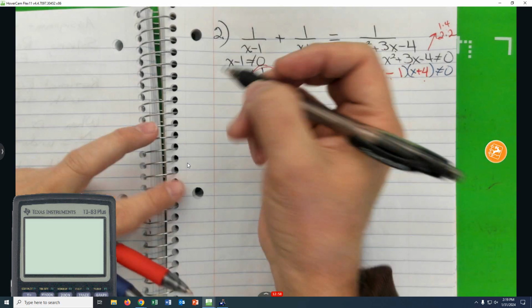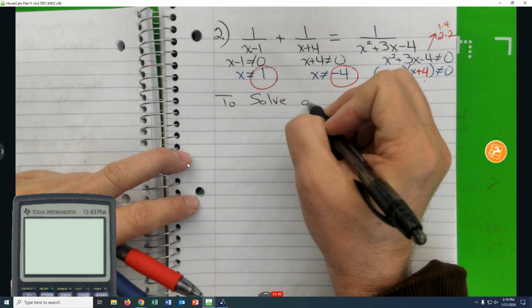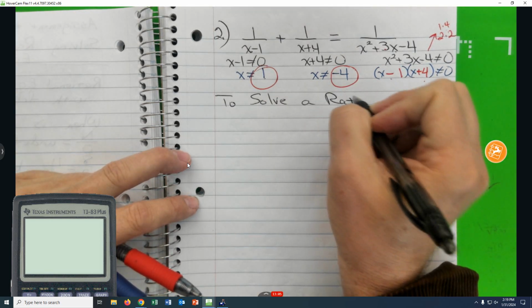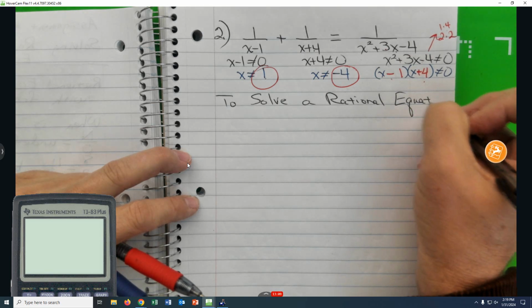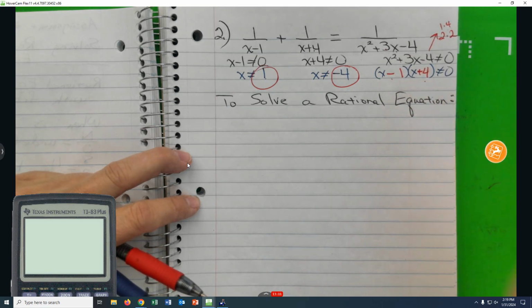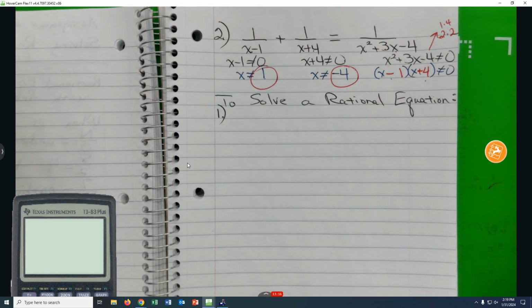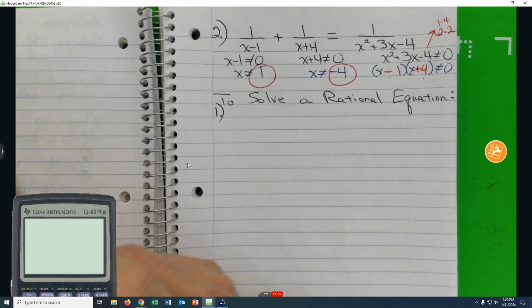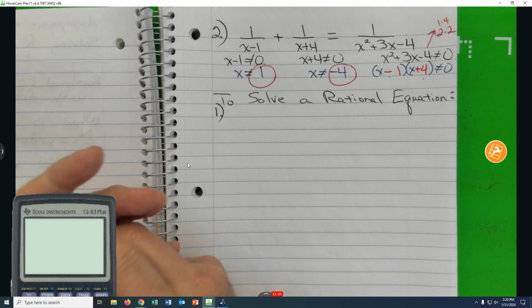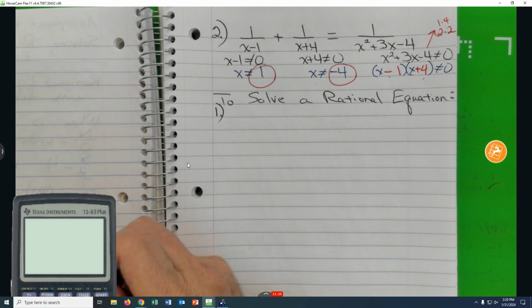To solve a rational equation, these steps are pretty short when you write them out. It's going to sound very painless, but anyway, the first thing we're going to do is multiply both sides of the equation by the least common denominator.